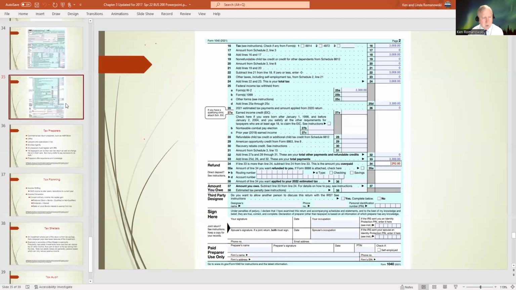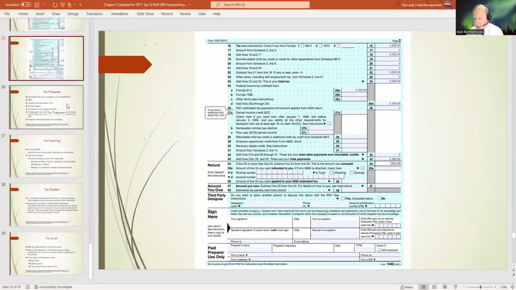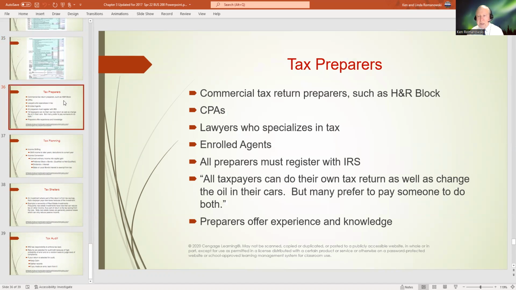All right, just a few more items here and then we'll be finished on taxes. And of course, continue to read the information that I have in the module for you. So let's say you don't want to do your taxes. It's too confusing for you, or maybe it's complicated.